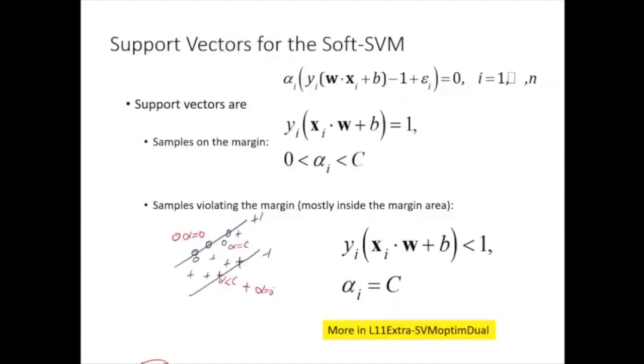Now let's see the support vectors for the soft SVM case. It's a little bit more complicated than the hard case.